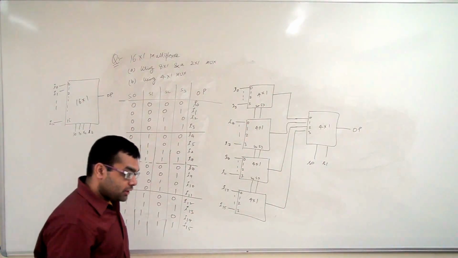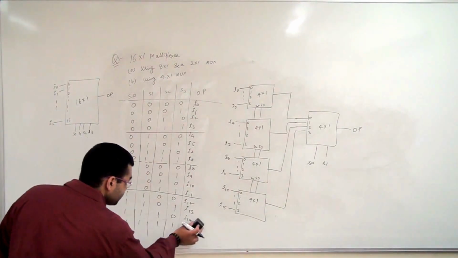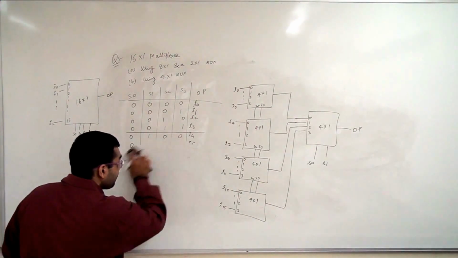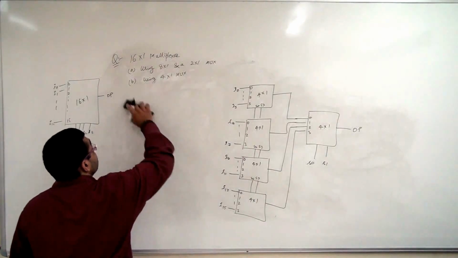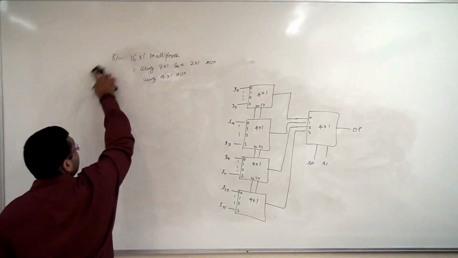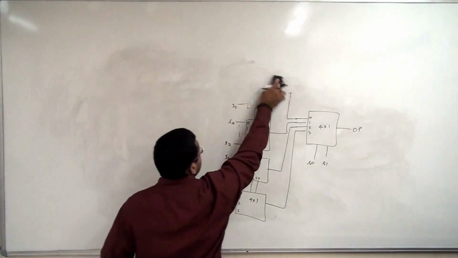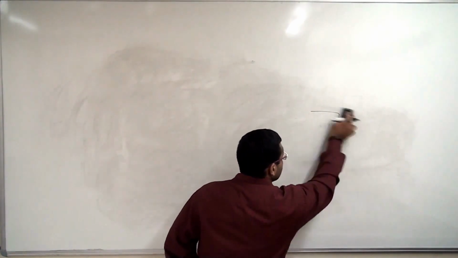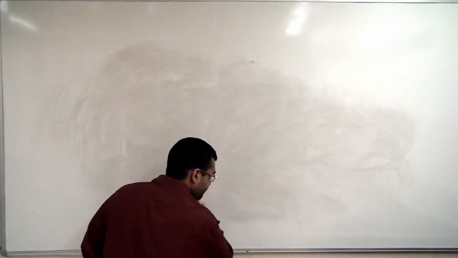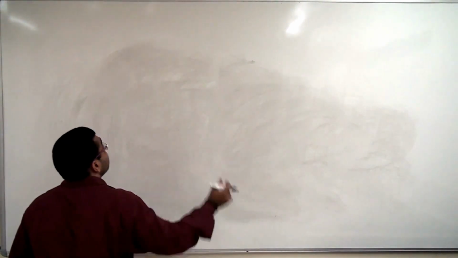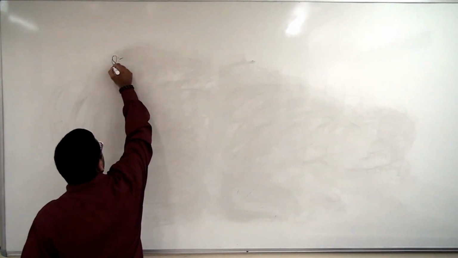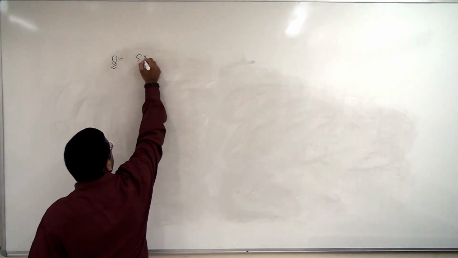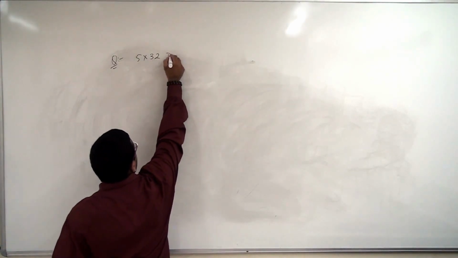Now using a similar approach, let us work with our decoders. In the case of our decoders, the question is, say suppose we have to design a 5 cross 32 decoder.